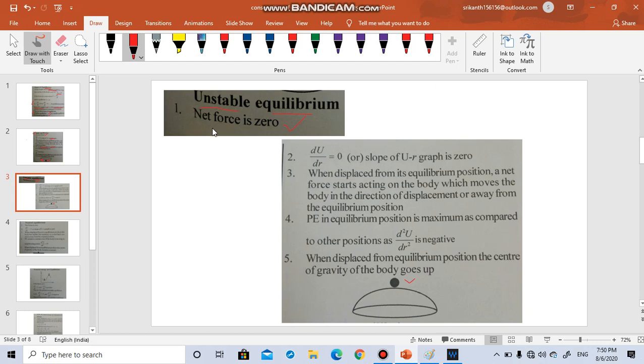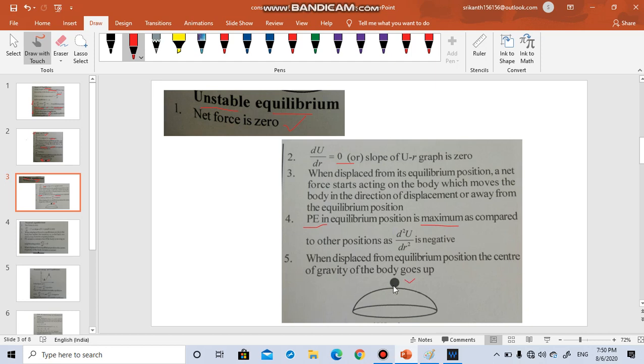But here also the net force is equal to 0. In any type of equilibrium, the net force is 0. So du by dr is equal to 0 applies here also. But here, if you talk about potential energy, it attains a maximum value.